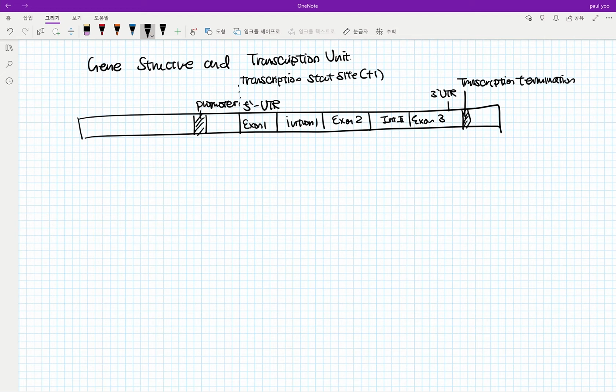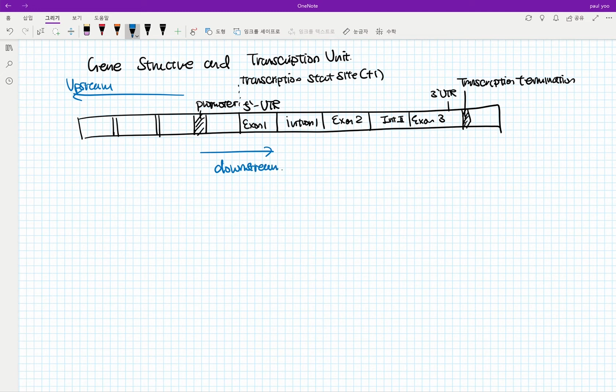At the downstream of the promoter, so this is going to be considered upstream, and this is going to be the downstream.